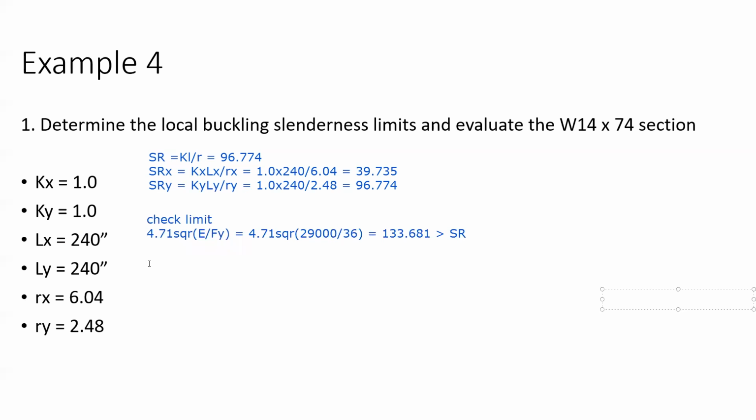So, let's first get our FE. FE is simply pi squared times E all over SR squared. So this is pi squared times E is 29,000 divided by our governing slenderness ratio, that is the bigger one, 96.774 squared.